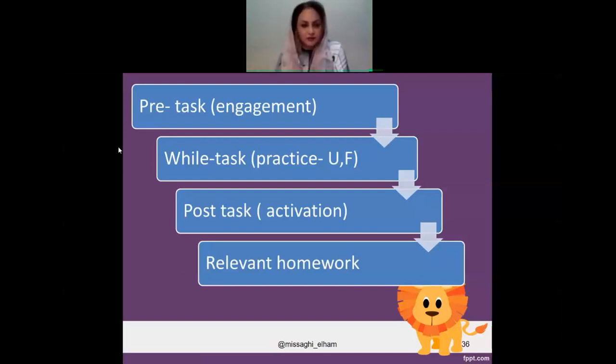Then we get to while task, post-task, and then we think about homework. So what about pre-task? For example, pre-listening task, pre-speaking task, pre-reading task, or pre-writing task. So what kind of activity we need to give to students, or as teachers, we need to consider in pre-task stage?